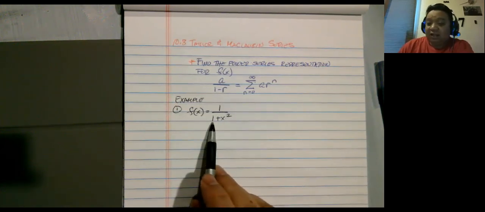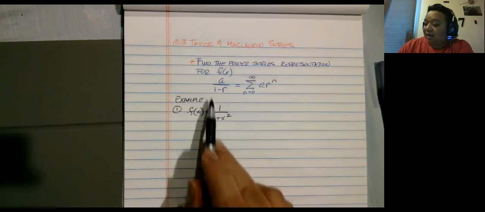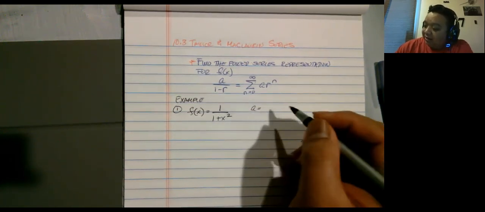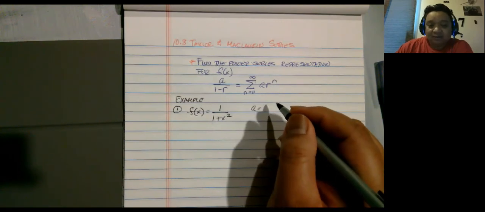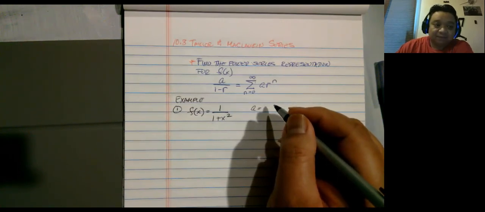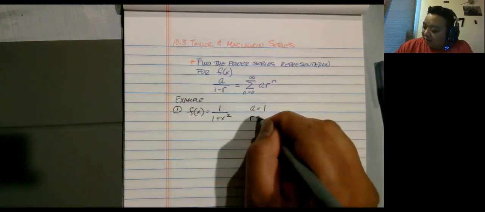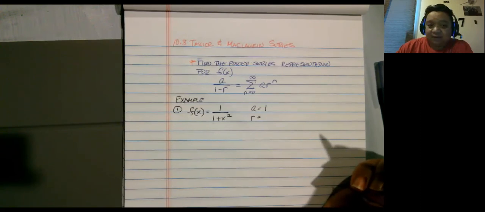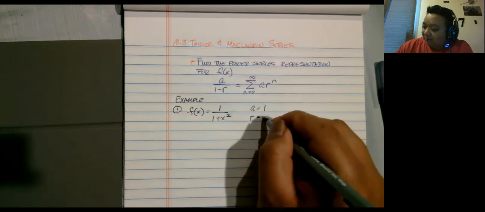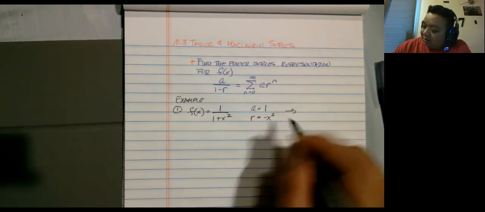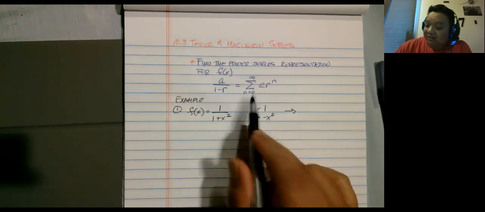Obviously here it has to be 1 first, right? So that has to match. And then from there, a is what? So a is 1, right? And then r is what? Negative x squared, right?